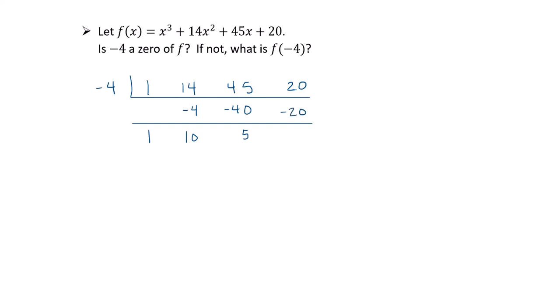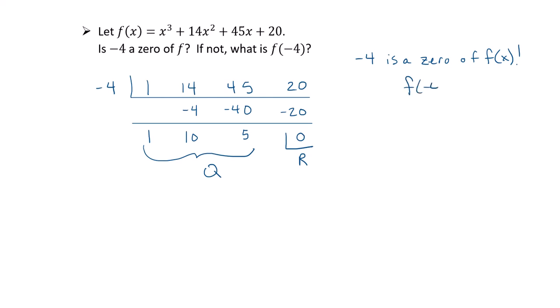And 20 minus 20 is 0. We can see we have a remainder of 0. This is our quotient, just as a reminder. But yes, negative 4 is a 0 here of f of x. And that really is because f of negative 4 is 0.